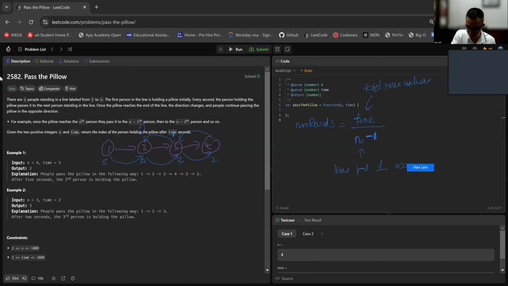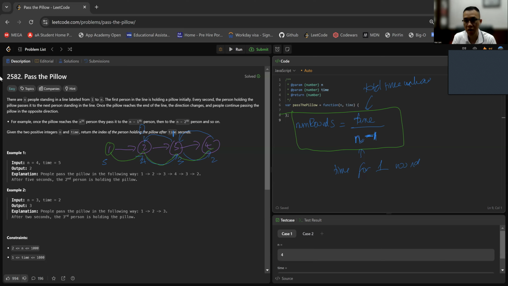If we have n people, then it only takes n minus 1 seconds to get to the end of the line, one round. So if we have 4 people here, it only takes 1, 2, and 3 seconds to get to the end of the line, which is only 3 seconds for 1 round. So this is the equation to figure out the number of rounds.